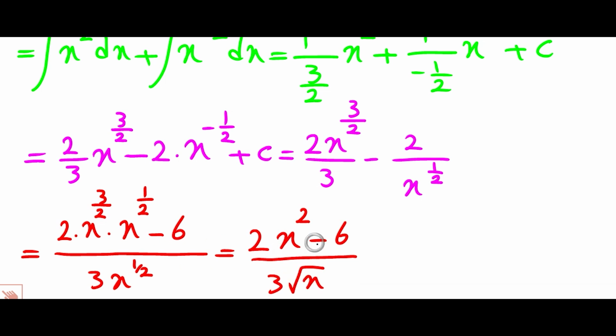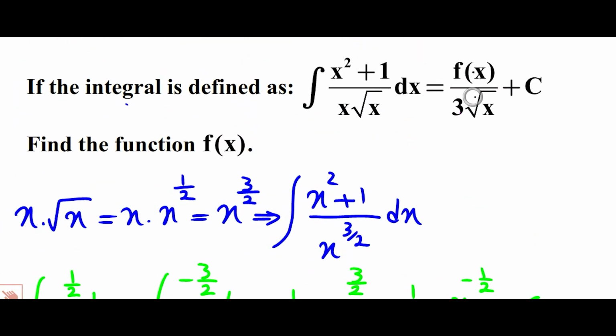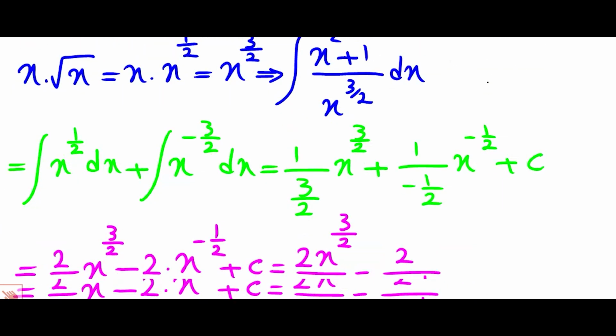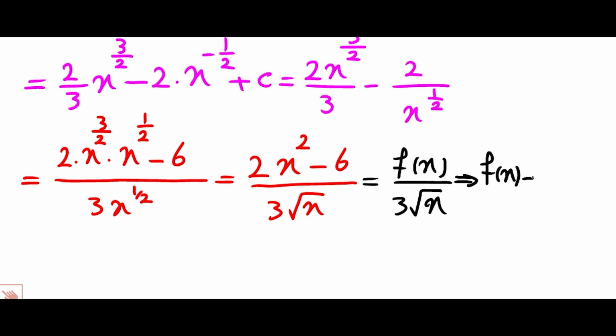So comparing this to f of x over 3 times the square root of x, f of x equals 2x squared minus 6.